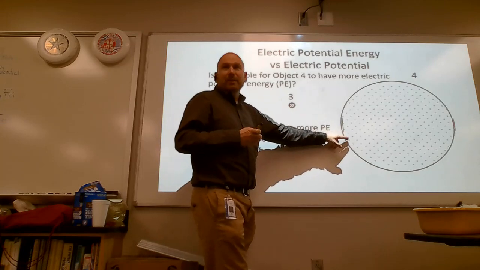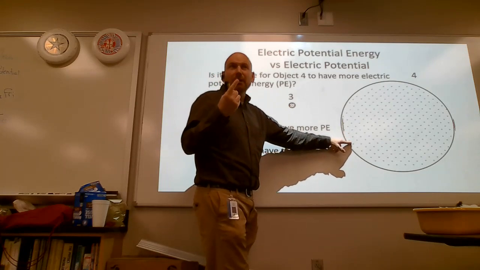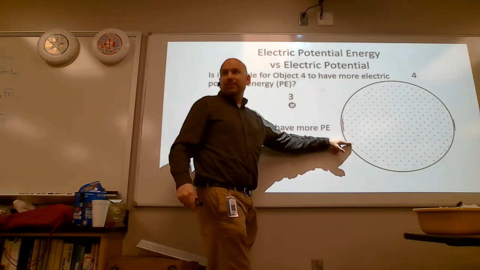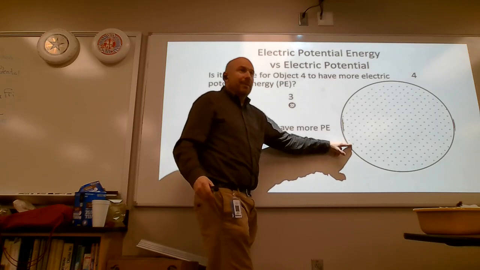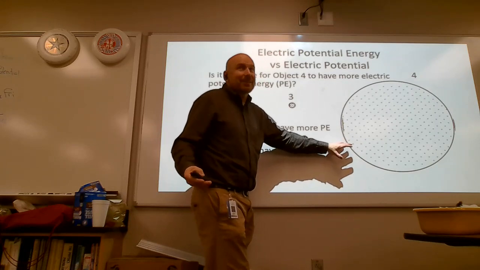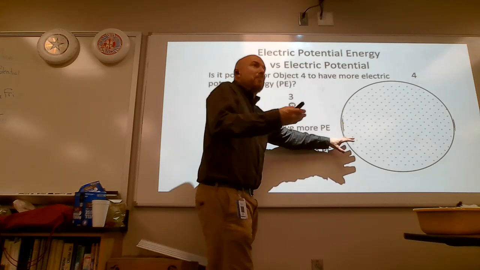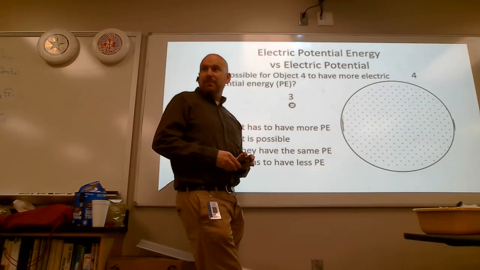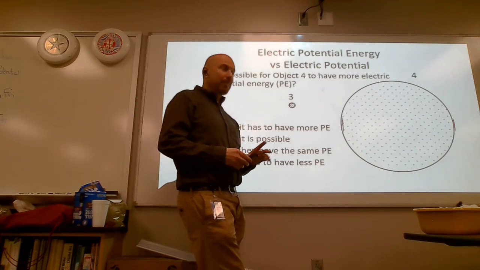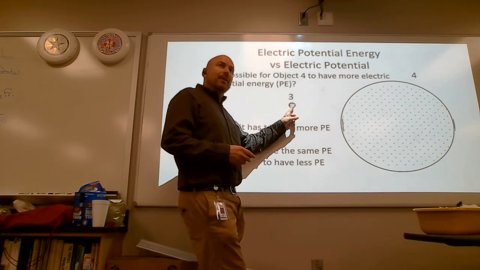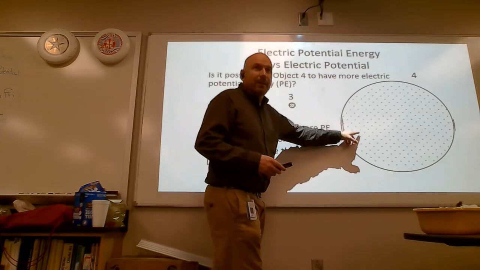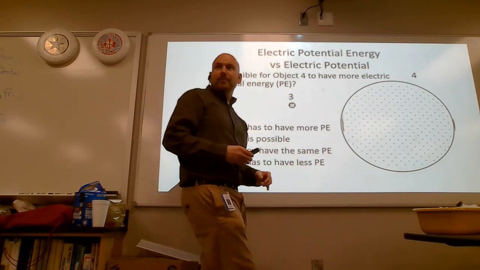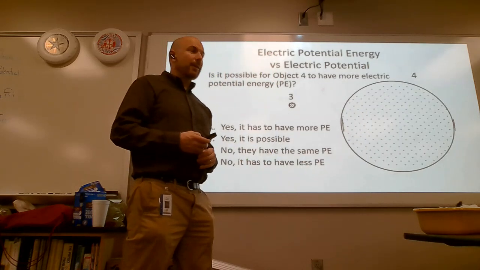Is it possible that you have enough electrons that each have $100 to have a total amount of money that's more than $10,000? Sure. If you get enough electrons, at some point they're going to add up to more than $10,000. But each electron here is richer than here, but collectively, there might be more money. All right with that?